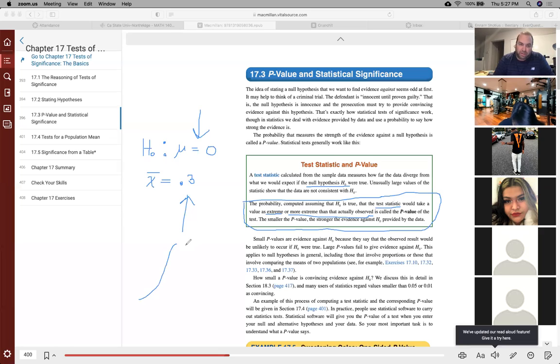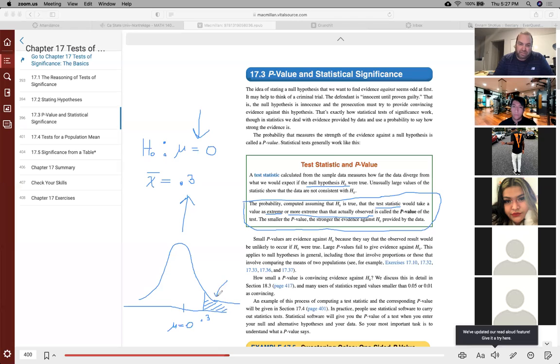So if I look at my normal distribution, if the null hypothesis is true, I expect 0 to be right in the center. My value is here. I got 0.3. What I compute is the likelihood of getting what I got or something even more extreme.